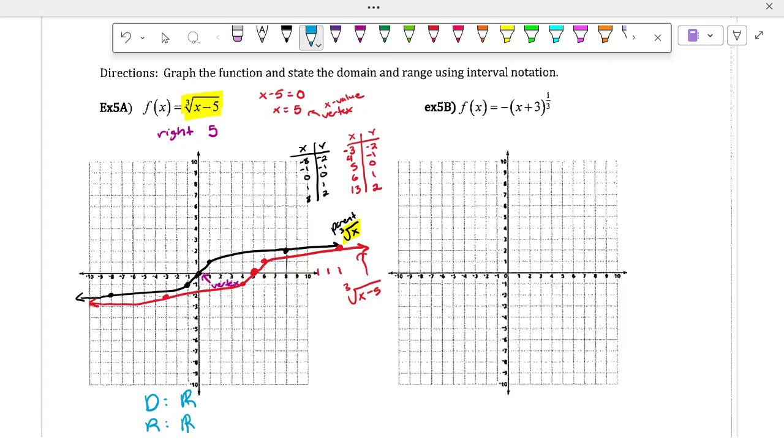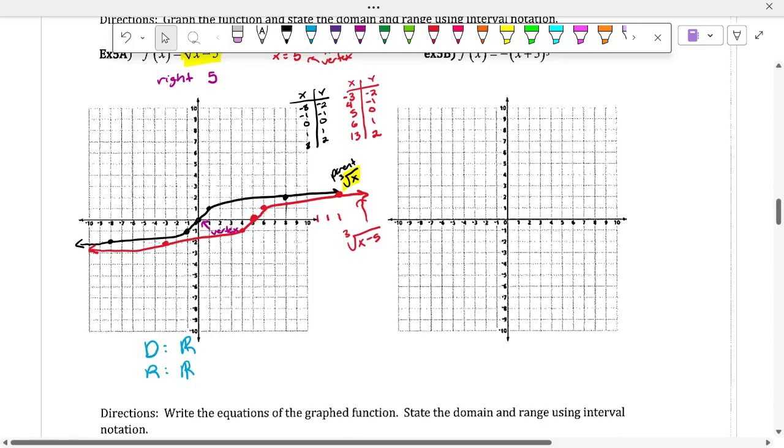Because again, there's no way you can get an imaginary number with a cube root because it covers your negatives and your positives. And even though it looks like it doesn't hit all of the y values, remember, its rate of change is very, very small, which means it's going up and down very, very slowly.